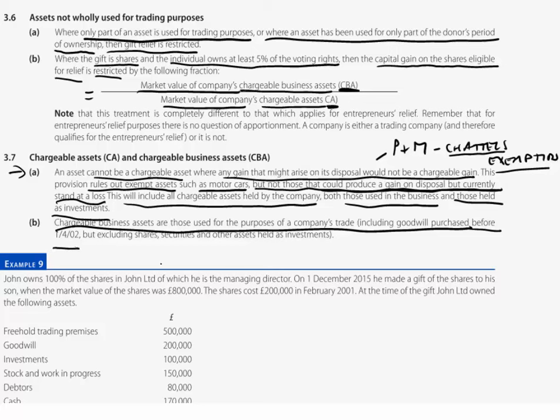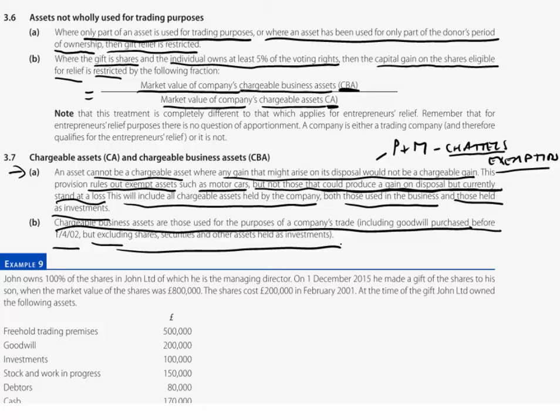You don't need to know the reason behind that, but again, it is that old goodwill. But excluding shares or securities here and any other assets held as investment. The most likely other one is a let property. You own a property, but you don't use it in trade, you let it out.